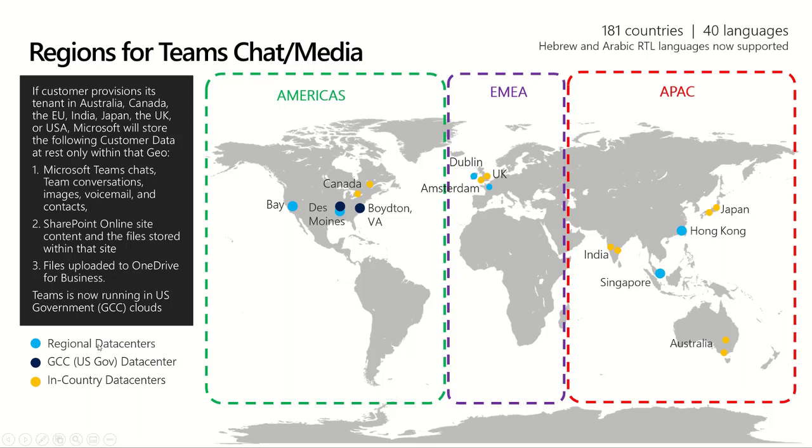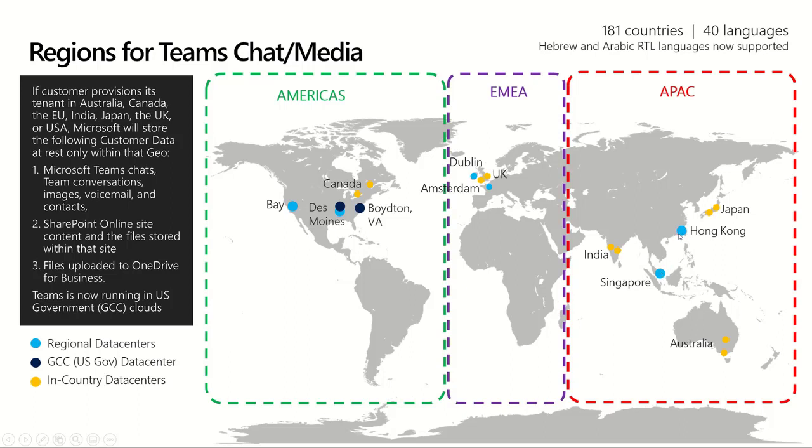San Francisco, Des Moines, Iowa, Dublin, Amsterdam, Hong Kong, and Singapore were the original 6 regional data centers for Teams when we released. And there are 2 of them in each region, so that if one of them goes down, it fails over to the other automatically, and vice versa.